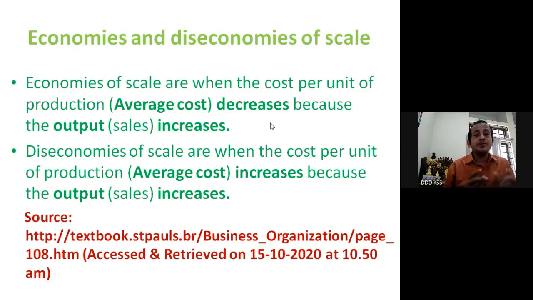Now, think of a university. In a particular program, there is a seat limitation. For a particular program, the seat limitation is 60. So in a classroom, 60 students can sit. The university has a 60-seater classroom.